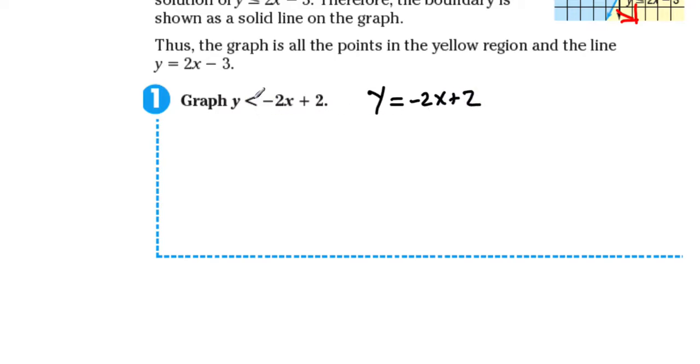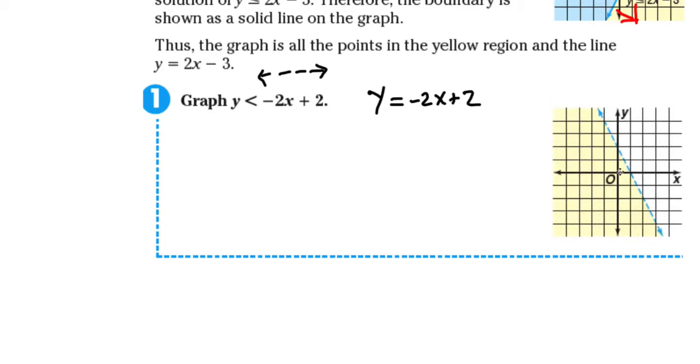And we know that it's a less than sign, so this is a dashed line. Our boundary will be dashed because all the points on that line will not be part of our solution. So if we graph that, this is what's going to come out right here. A dashed line where the y-intercept is 2. That's why we graphed it first.